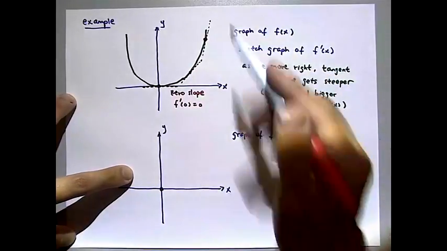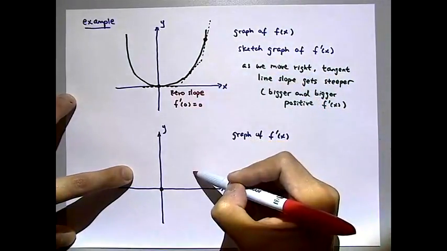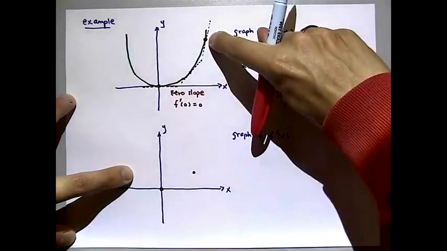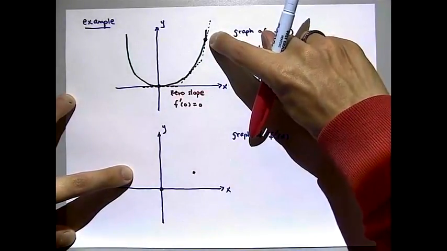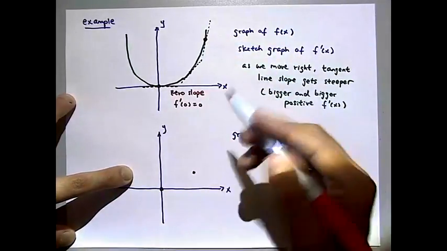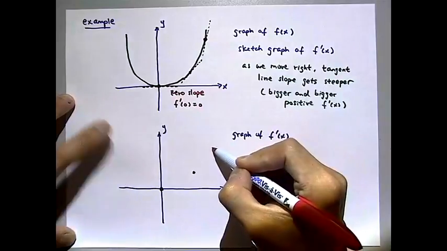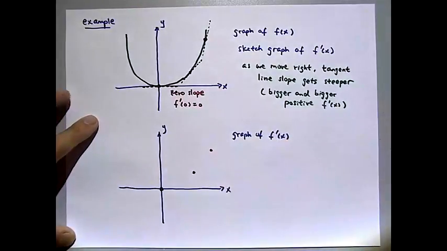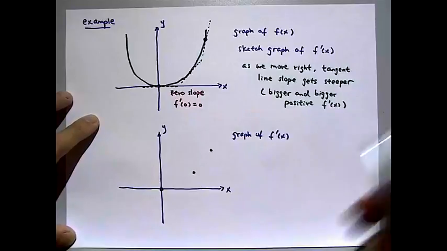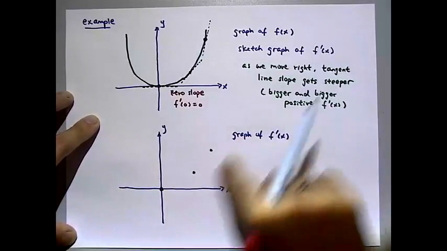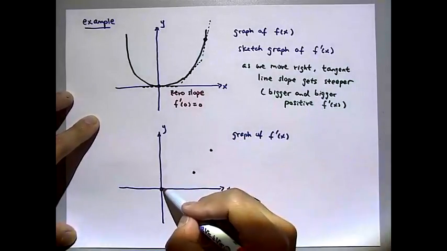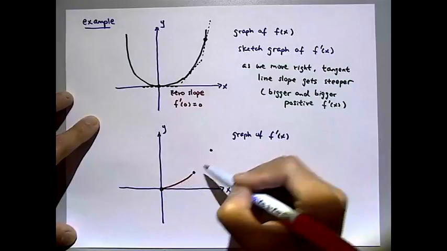So at that same x, let's say this is 1. Let's say this thing has a slope of 5 or whatever. So at that same x right here, I would have a slope of 5. As I move to the right, I expect higher and higher positive f prime. So I should have something that resembles this kind of behavior.